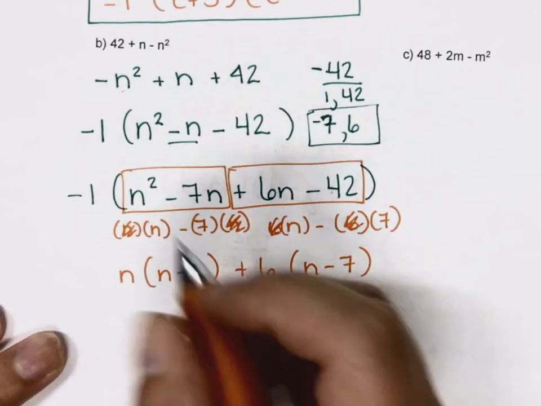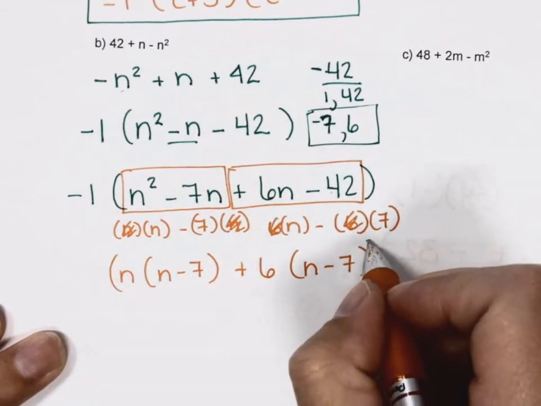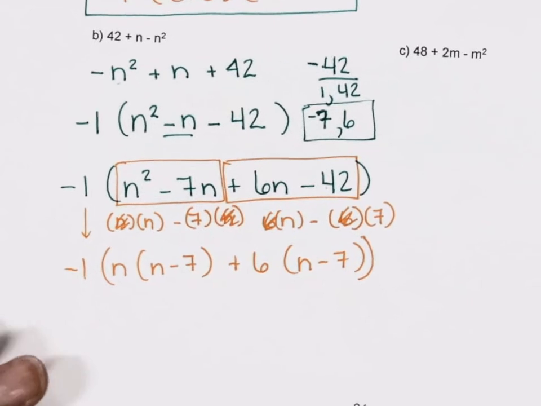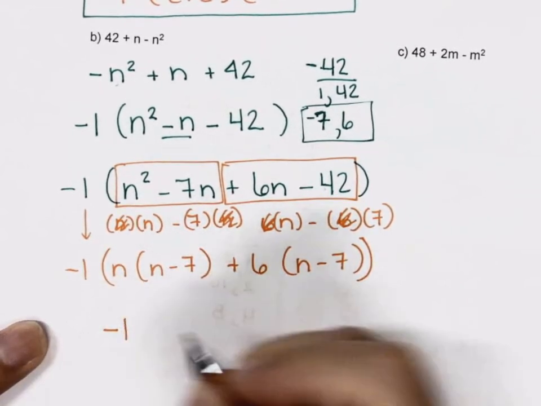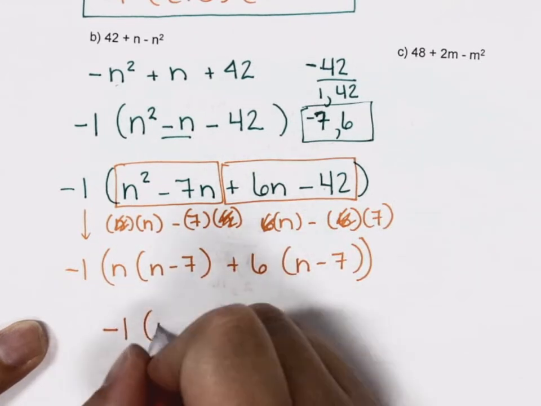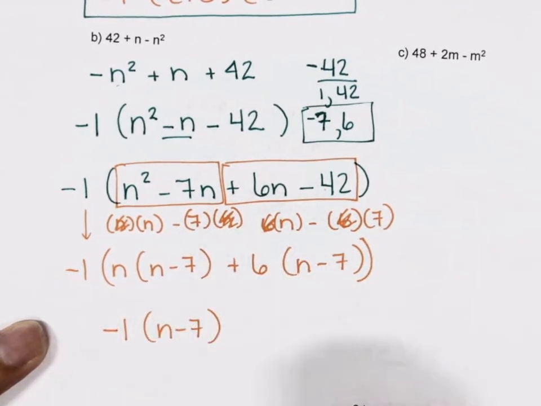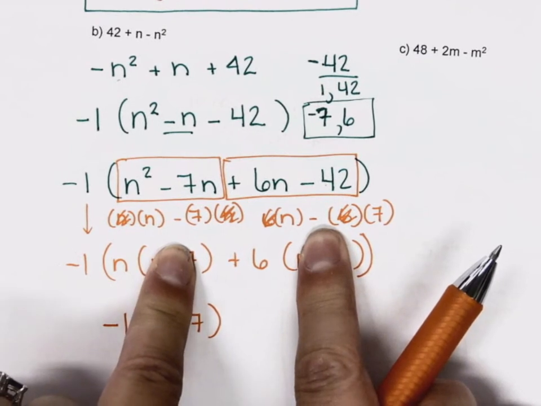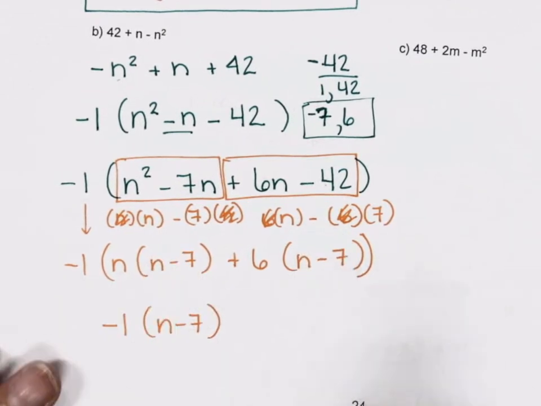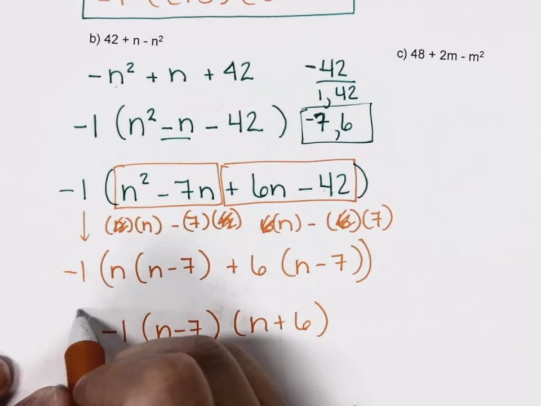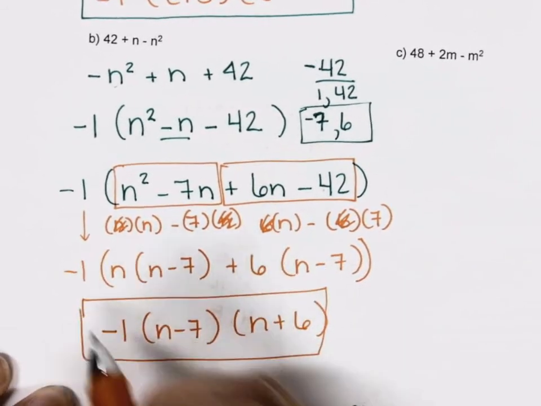So I write down the, oops, forgot my negative 1. That's got to keep coming down. I almost lost it. Don't lose it. It's bad, oh bad if you do. The n minus 7 is our one that is exactly the same. So if I cover those up, I'm left with n plus 6. And that is your answer.